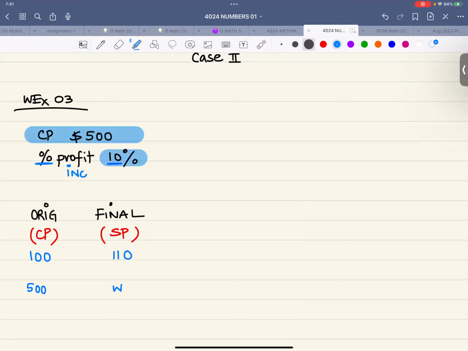This is 5 over here, and this is 110. So 5 into 11 is 55, and then add a 0. So the answer is $550. That is the selling price, which will give me a percentage profit of 10%. Now acknowledge this.